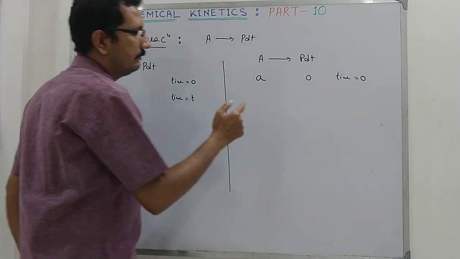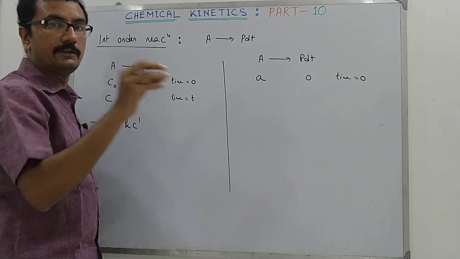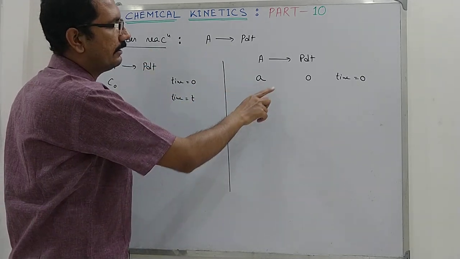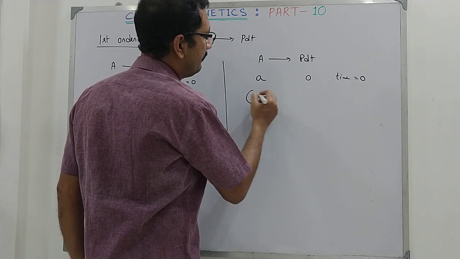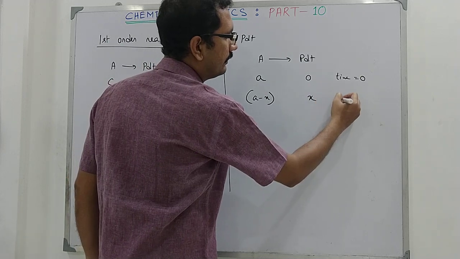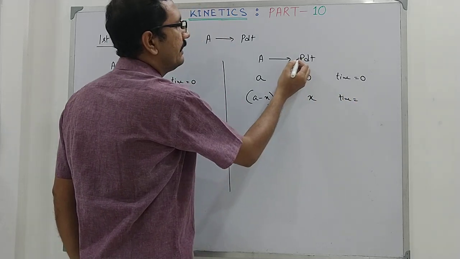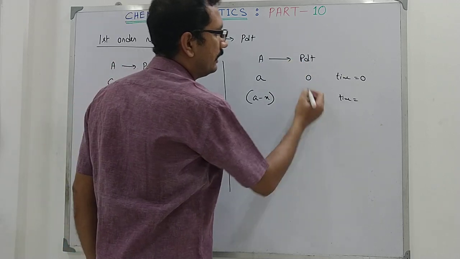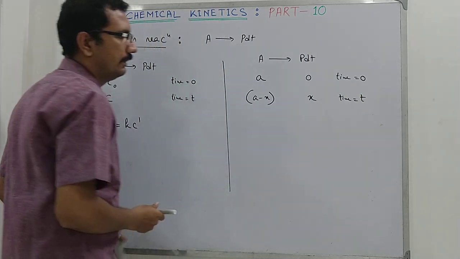Now let us consider that after the elapse of certain time t from the start, X amount of reactant has reacted. So the amount of reactant that is left at time t is A minus X, and say here we have X amount of product. If it has a coefficient 1, then we can write X. So this is at time t.